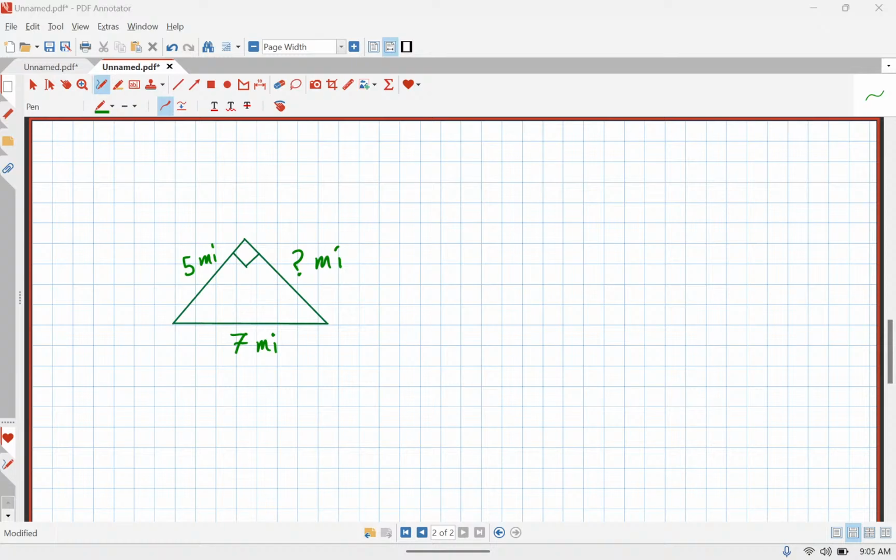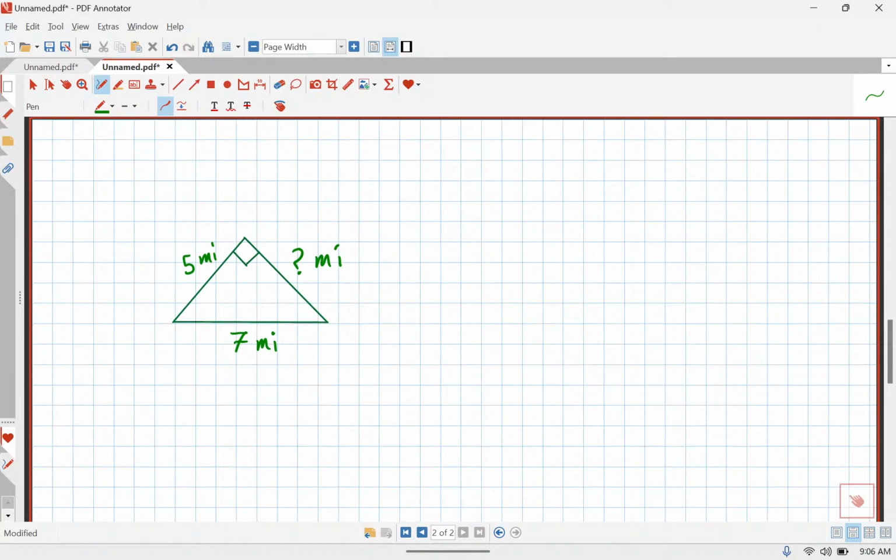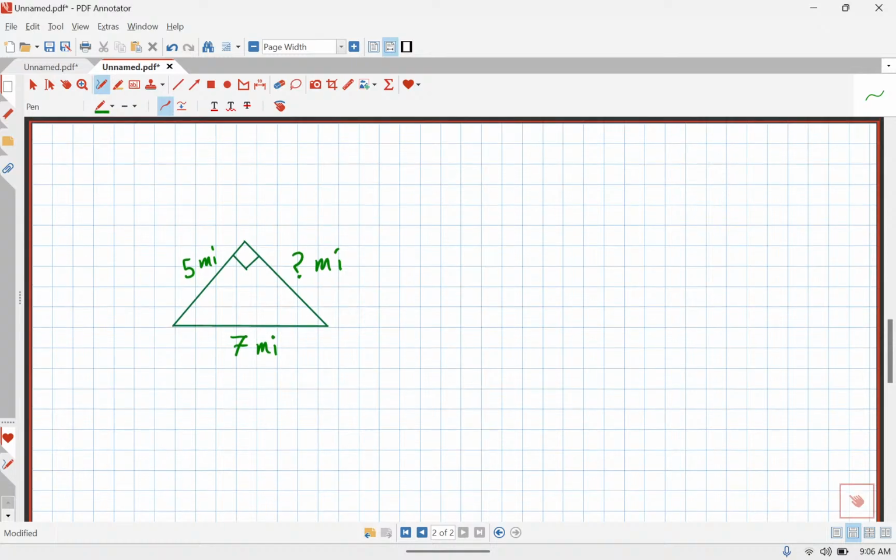Because the thing is, Gavin, I know that these two squares are going to add up to this one, right? So I need to know 25 plus what is going to give me my 49? That's the question. Aha, so 24 would be the area, and then you take the square root, and you get something around that.